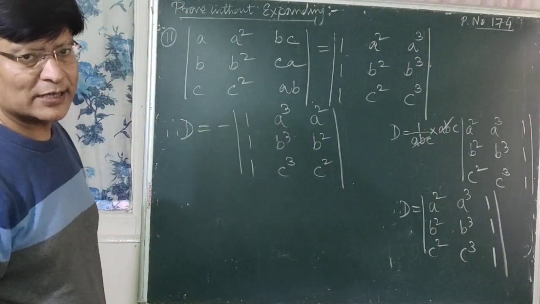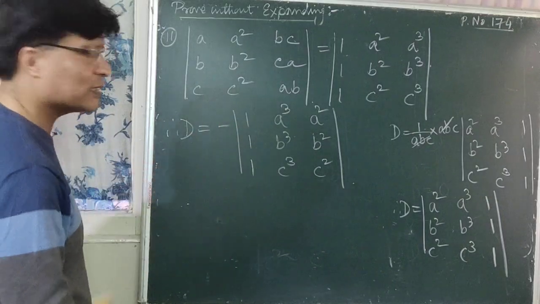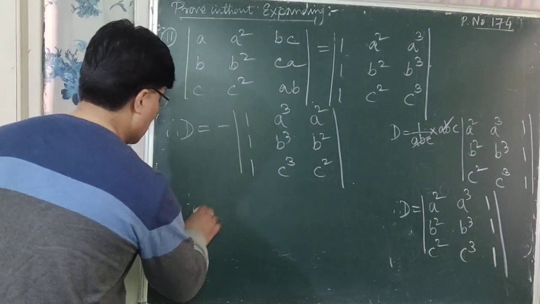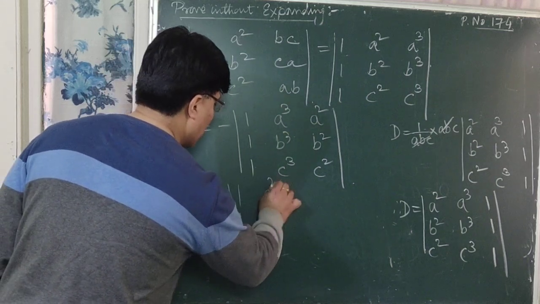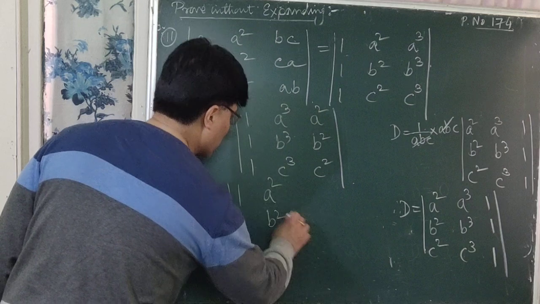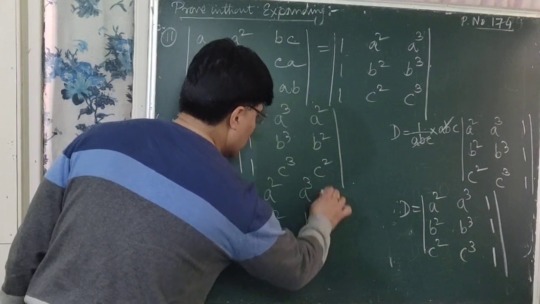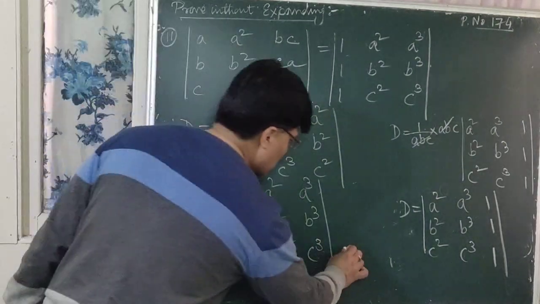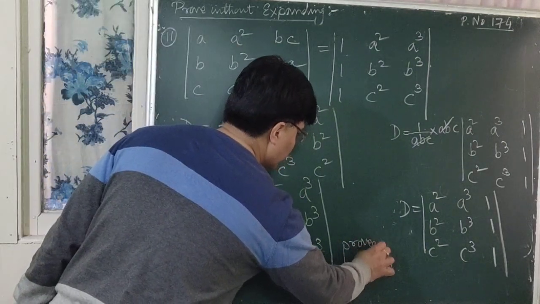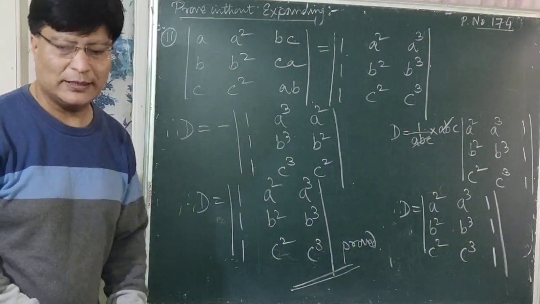So use the same property number 2. Interchange second column and the third column. So this minus sign becomes plus. So D is equal to 1, 1, 1 as the first column, a square, b square, c square as the second column, and what is the third column? A cube, b cube, c cube. So this is the answer. So we have proved it. So this is question number 11. Copy it.